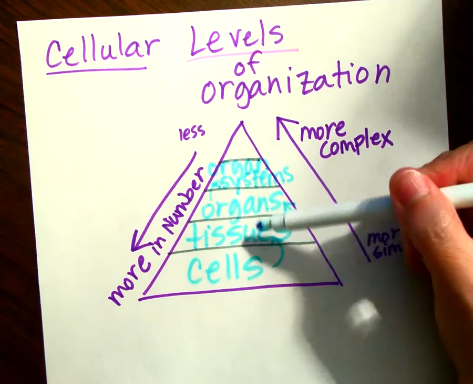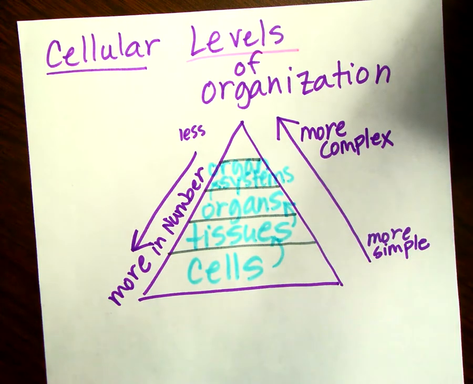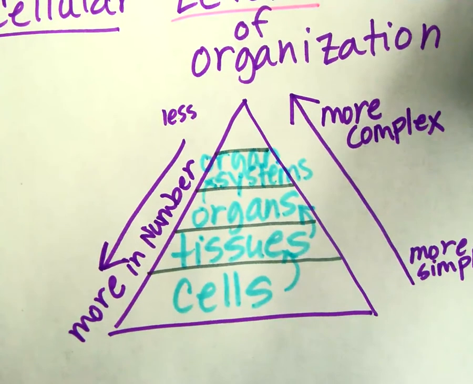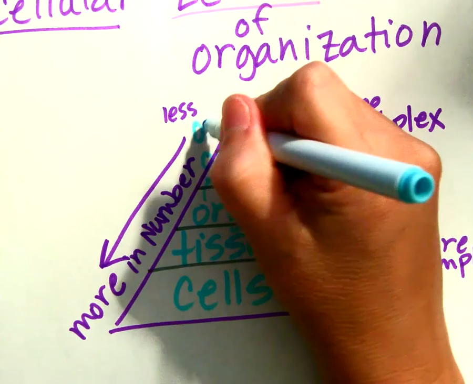Seems like the higher up we go, the smaller the space to write, but the words get bigger. Okay, and then when all of our organ systems are working together, it's talking about the digestive system, the nervous system, the muscular system, the skeletal system, which we're going to learn all about in a couple of weeks. When all of these systems are working together, we have the organism.